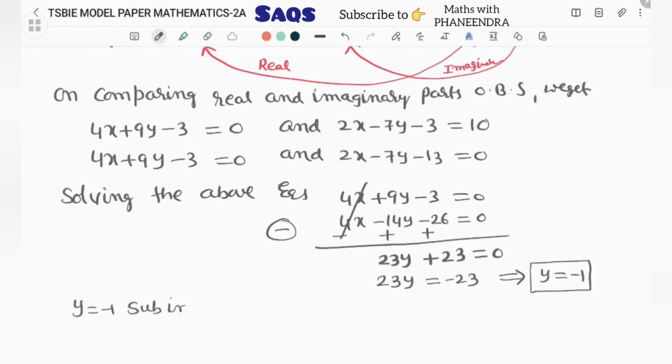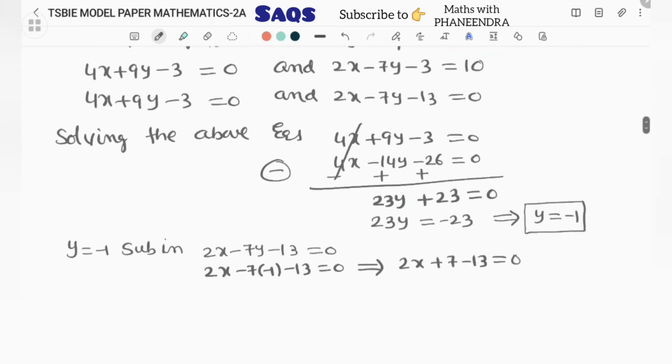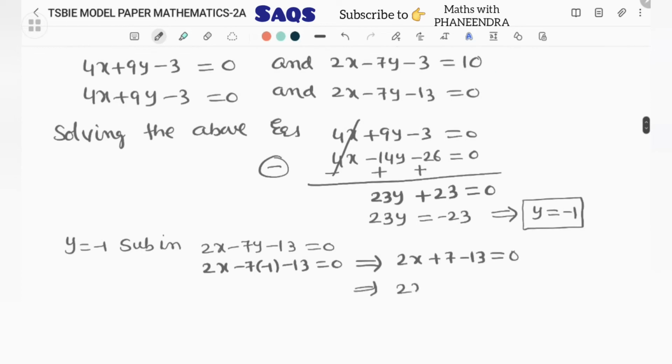Substitute in 2x minus 7y minus 13 equal to 0. So 2x minus 7 into minus 1 minus 13 equal to 0. That implies 2x plus 7 minus 13 equal to 0. 2x minus 6 is equal to 0. So 2x is equal to 6.